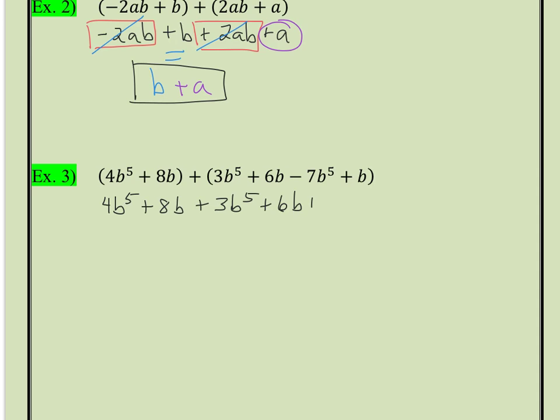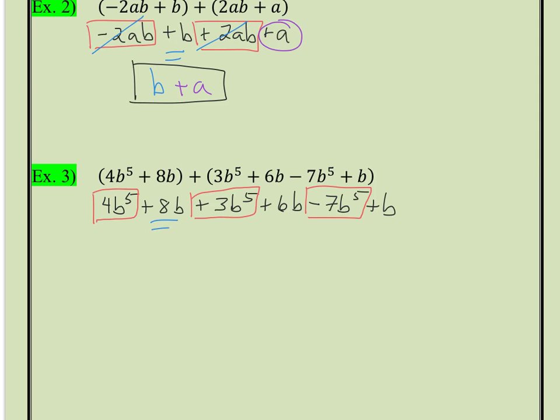Okay, so then let's start with our first term, the 4b to the 5th, and we'll collect any other b to the 5th. Here's another one, and here's another one. So there's 3 different b to the 5ths.